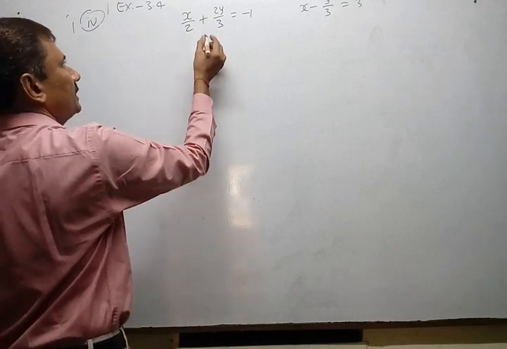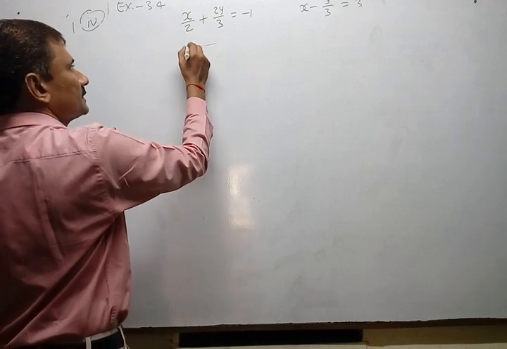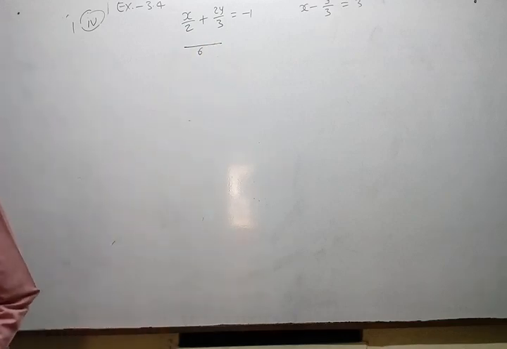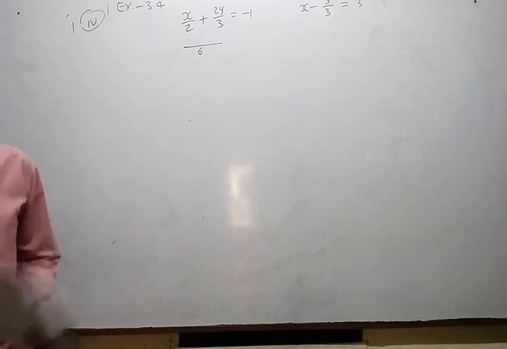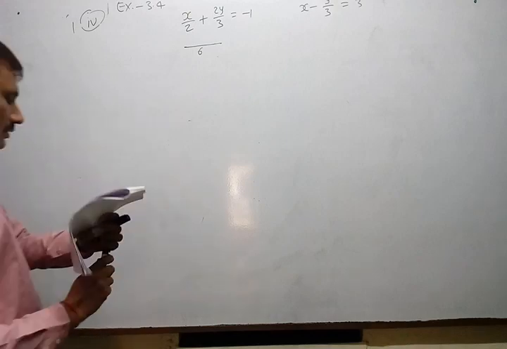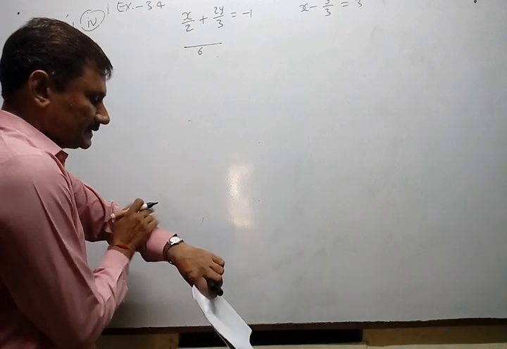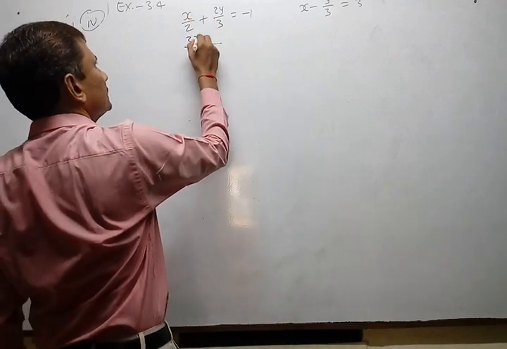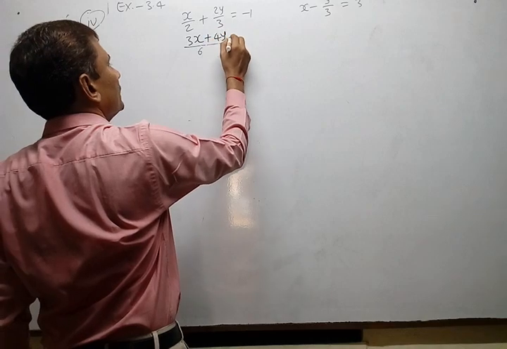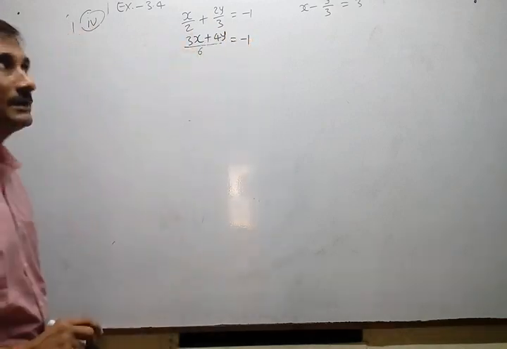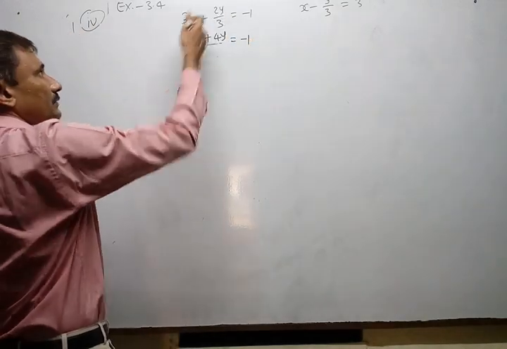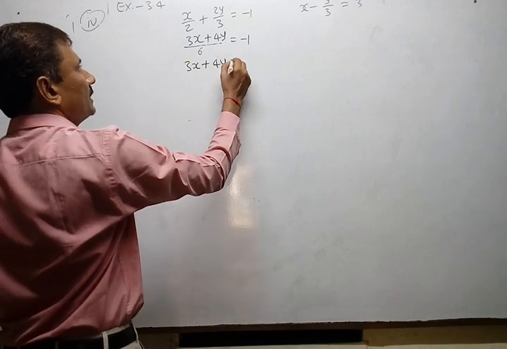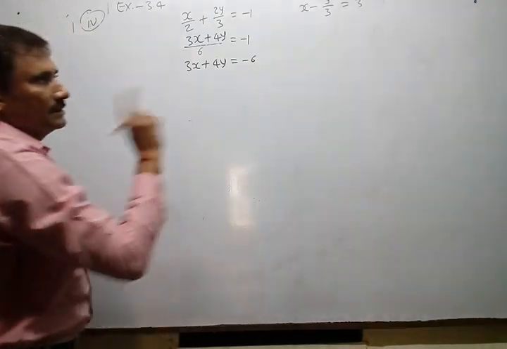Okay, so it becomes here 6 means fractions are there, cross multiplication is required. So I just try to add them by taking LCM only. So it is 3x plus 4y equal to minus 1. Cross multiplication 3 into x, 2 into 2. So it is 3x plus 4y equal to minus 6. Equation number 1.